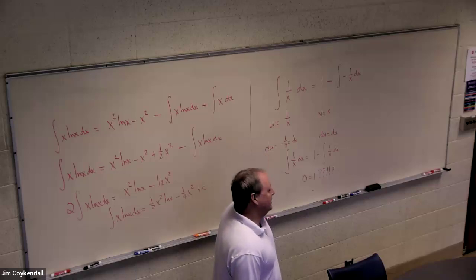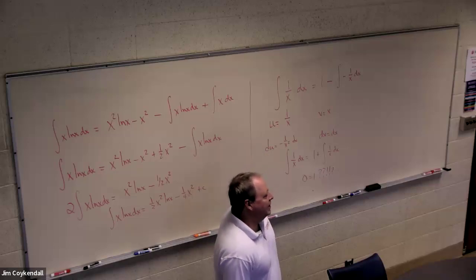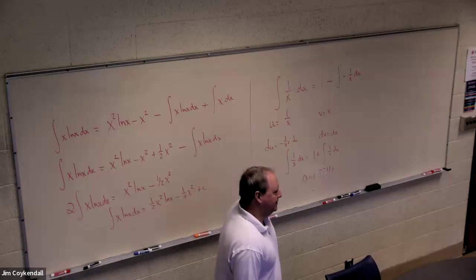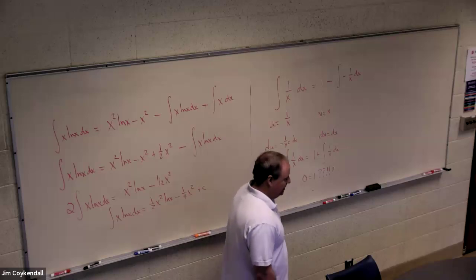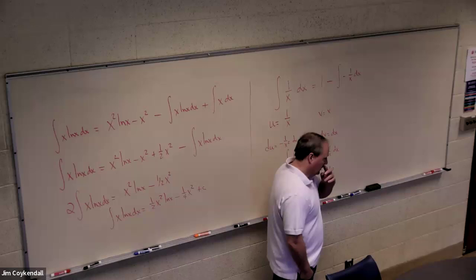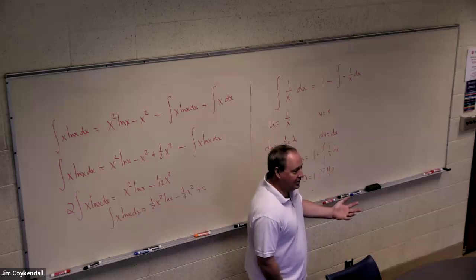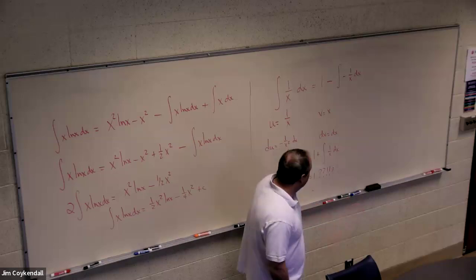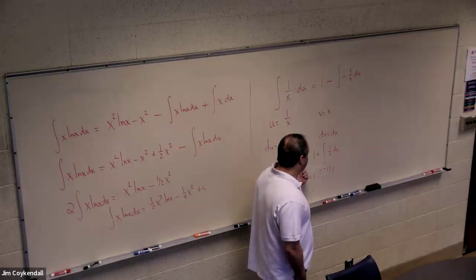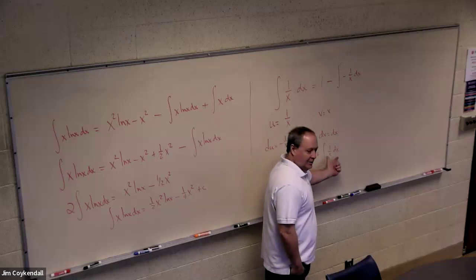You're thinking too complicated. What's the derivative of log x plus one? That's right. What's the derivative of log x plus two? What's the derivative of log x plus eight? This is an antiderivative of one over x. This is an antiderivative of one over x.